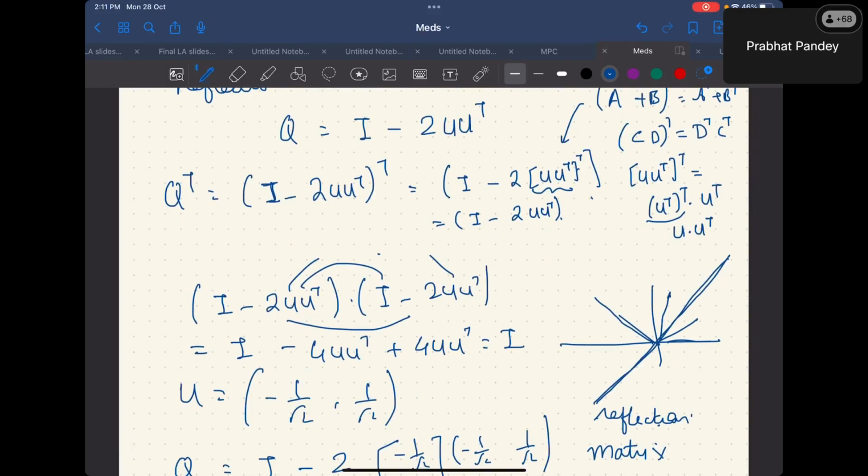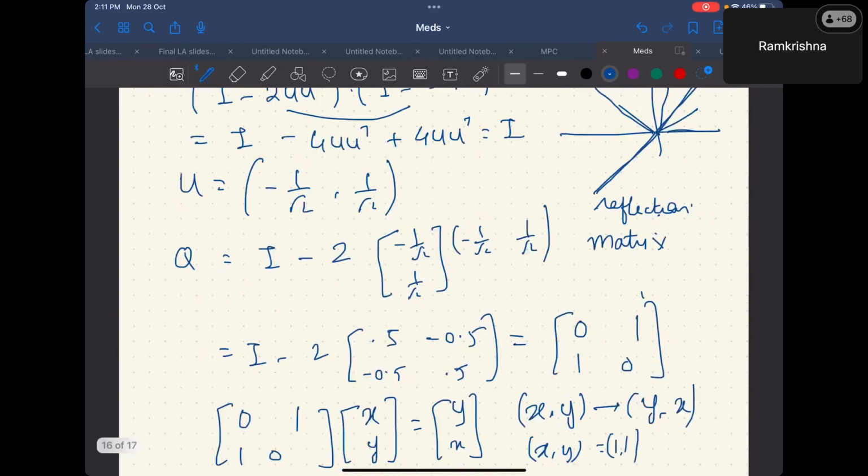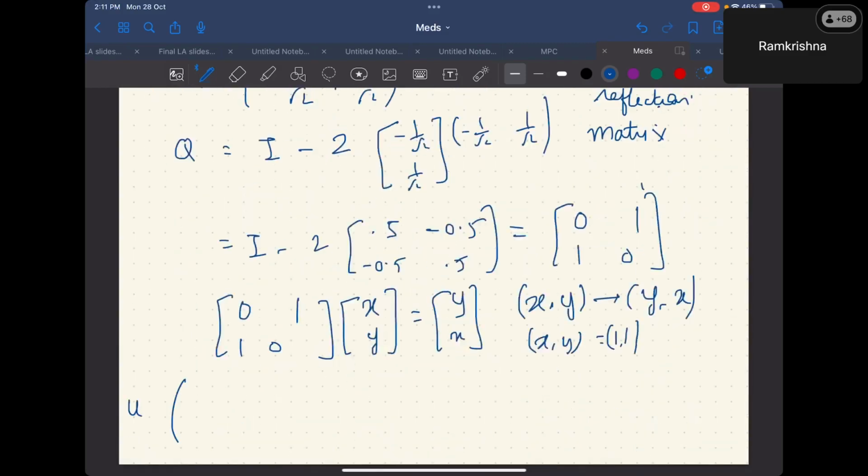Sir, just one thing here. So this U matrix is the one about which we want to take a reflection of some point? U is a vector. It can be any vector, say U1 and U2. And if I do U times U transpose, U is a vector of this form, any vector U1, U2. So U transpose looks like U1, U2.